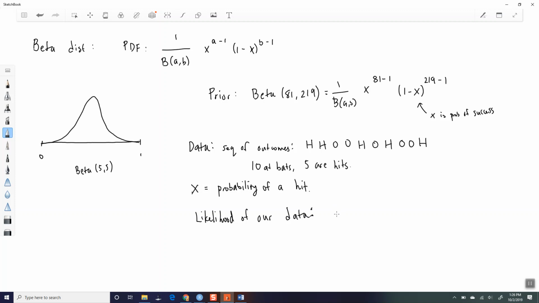But now x represents the probability, so it's going to be x to the 5. Then what's the probability of an out, or not getting a hit? 1 minus x. And how many times did that happen? 5.